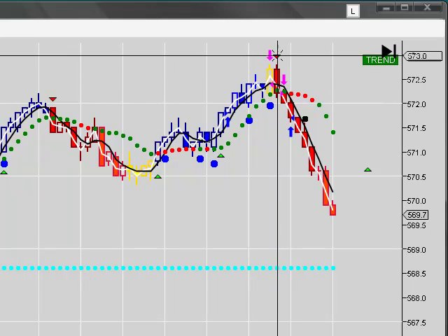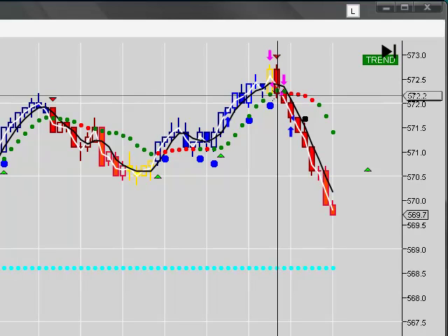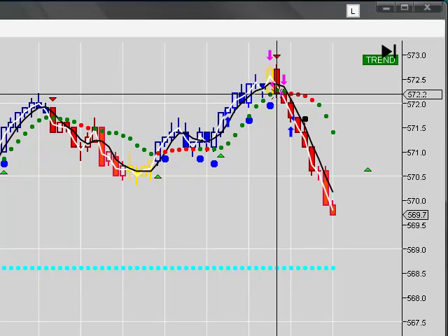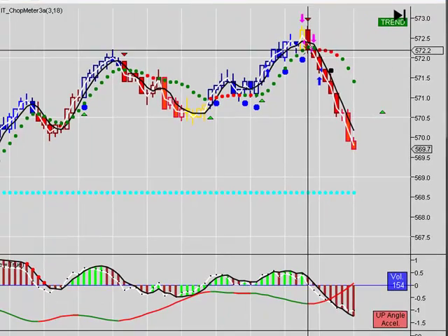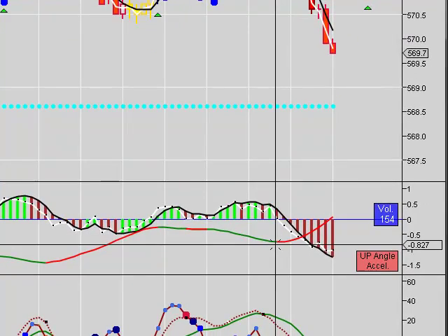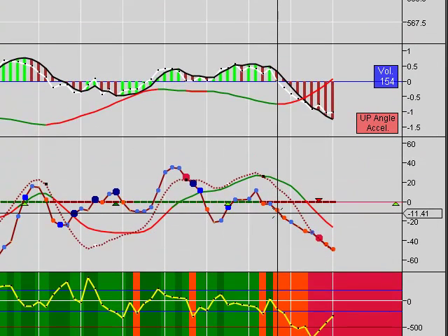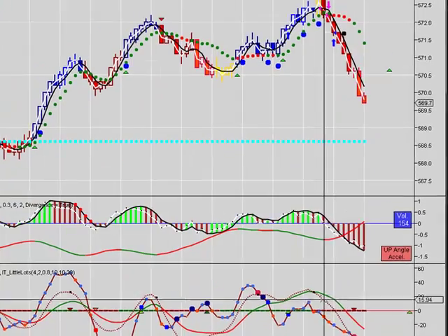Now right away we get a signal to go down. We close just a little bit below this chop meter. The S line is turning to move up. All the lines down here on the big lots panel are moving down. We got a red dot, very nice.